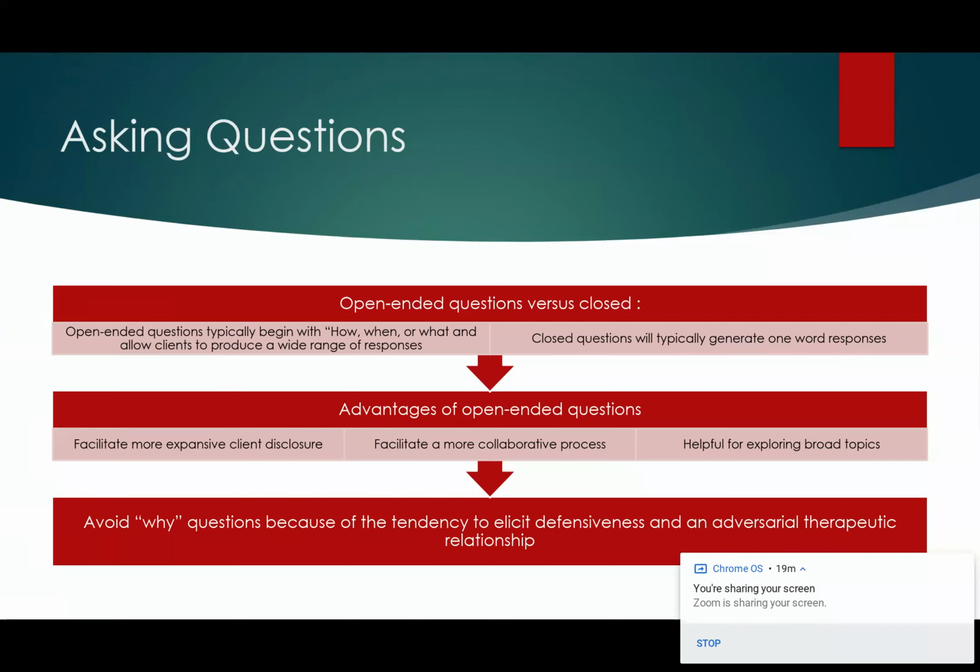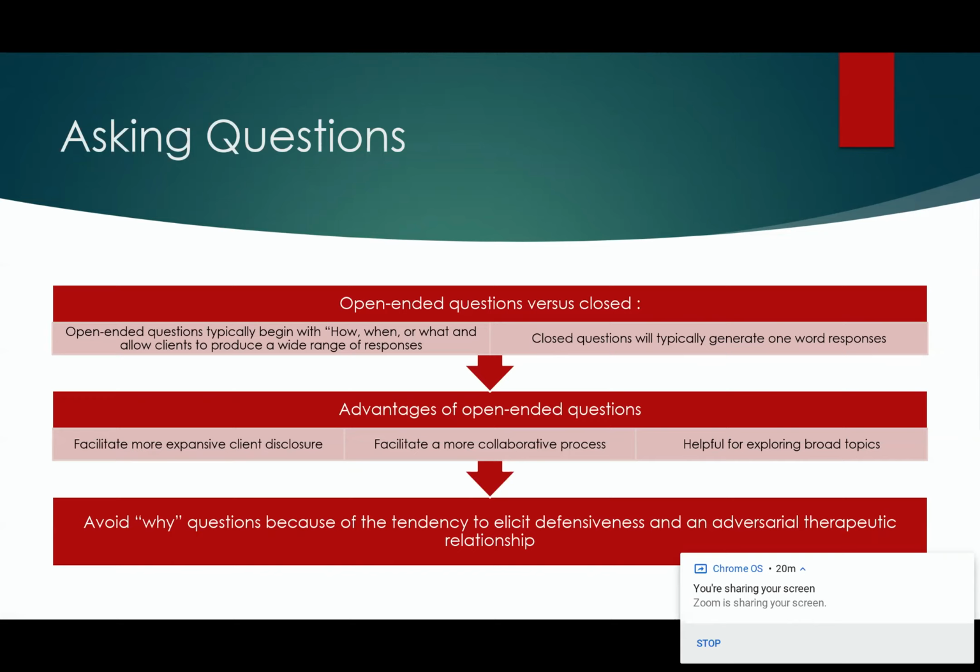Some of the other advantages to open-ended questions: it's a more collaborative process, we're able to explore broad topics, and we facilitate a more expansive client disclosure. Something that I did want to mention was avoiding why questions. Why did you decide to stay with your abusive partner? Why didn't you leave him or her?